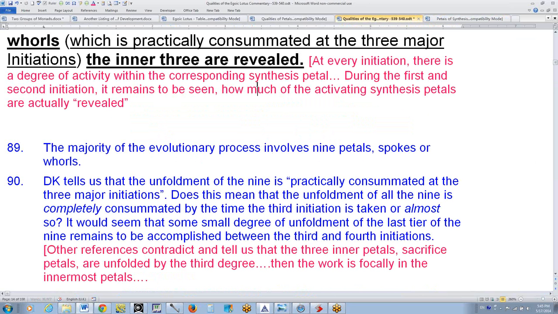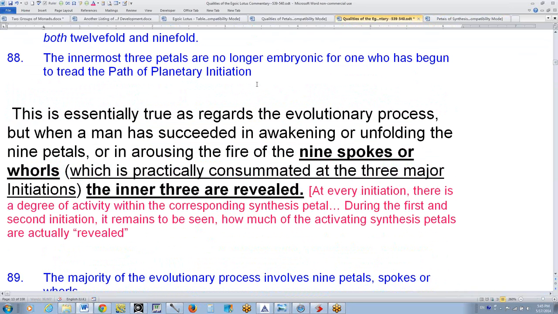So the inner three are revealed. The 9 spokes, which is practically consummated at the major 3 initiations, the inner 3 are revealed. 9 petals are arousing the fire. The 9 spokes are whirls, which is practically consummated at the 3 major initiations. The inner 3 are revealed.